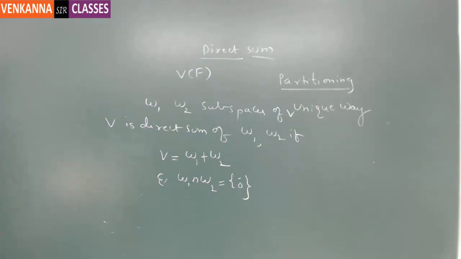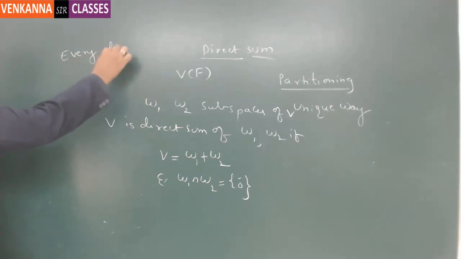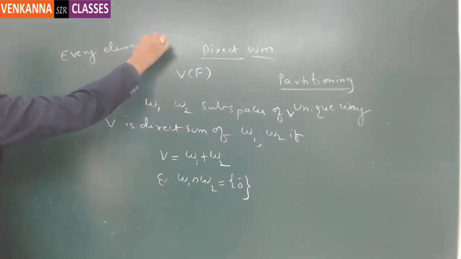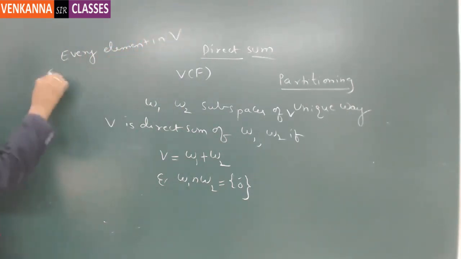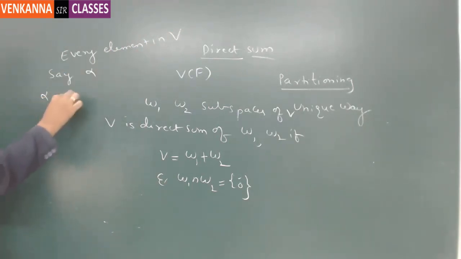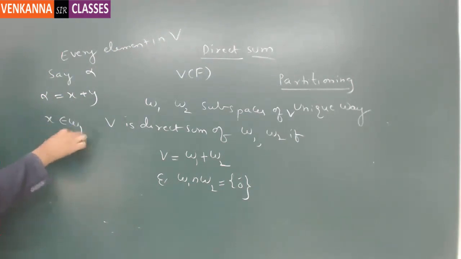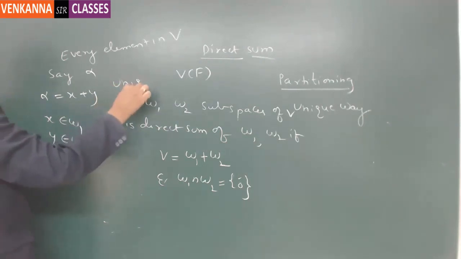The actual definition is, every element in V, say alpha, can be written as alpha is equal to x plus y, where x belongs to W1 and y belongs to W2 uniquely.